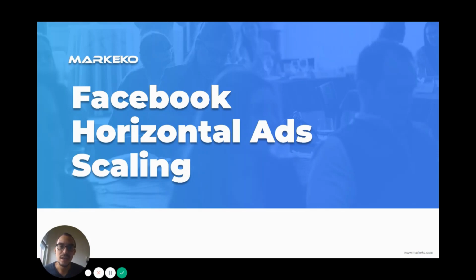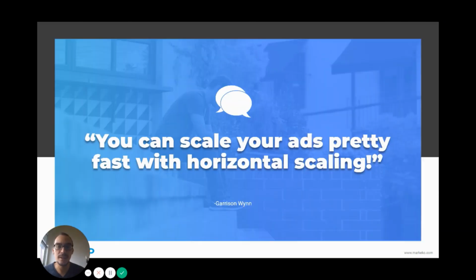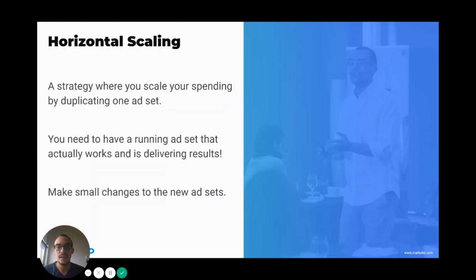So if you're thinking about scaling your budget and scaling your ads, horizontal ad scaling is a strategy that actually works. And it's good to know the pros and cons of going this route, right? You can scale really fast with horizontal ad scaling. It's a strategy where you're duplicating an existing ad set that is giving you results.